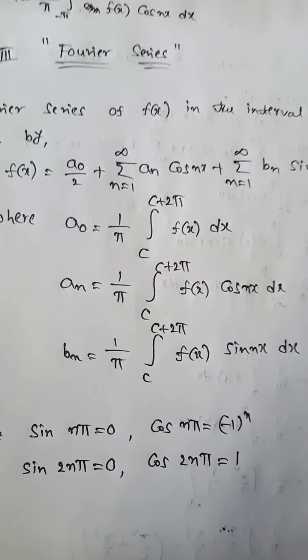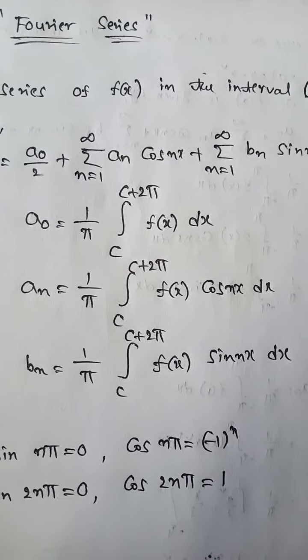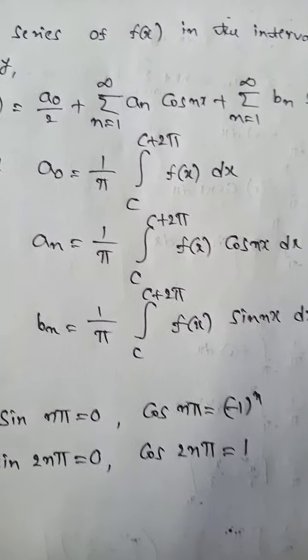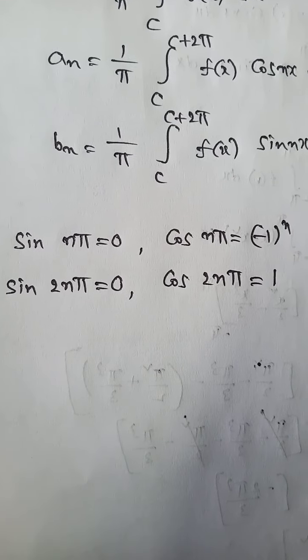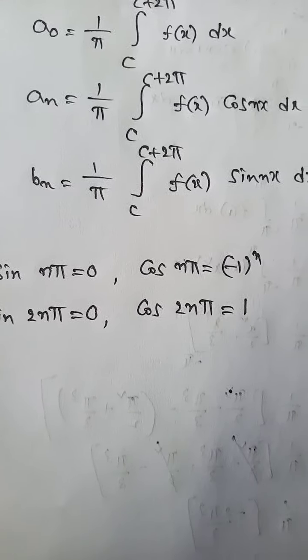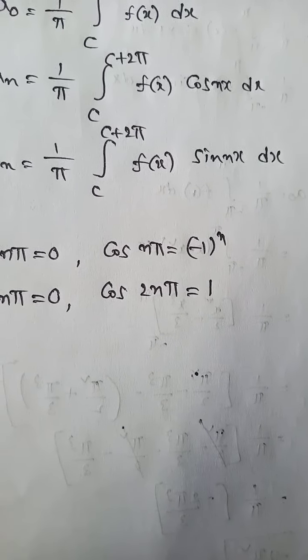After writing this formula we should find the three constant values a naught, a n, b n, and these are the formulas. We should also know these four values: sin n pi equals 0, sin 2n pi equals 0, cos n pi equals minus 1 whole power n, cos 2n pi equals 1.